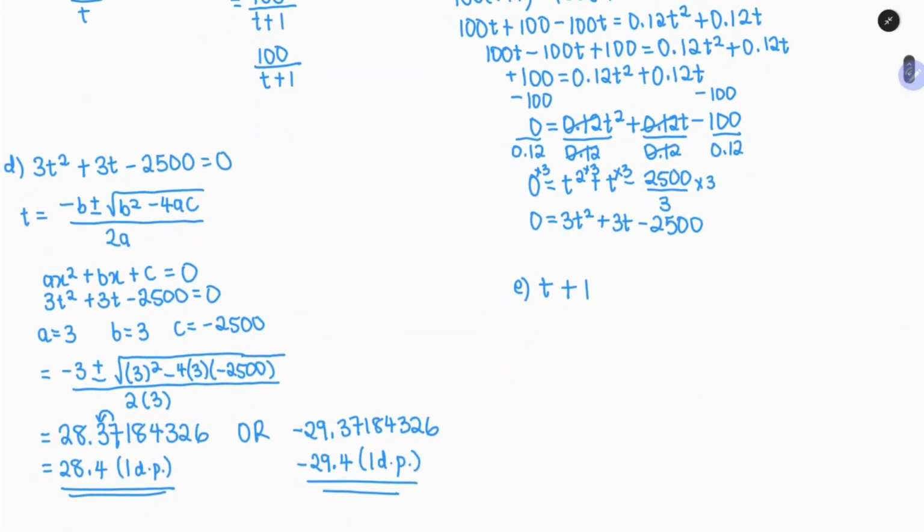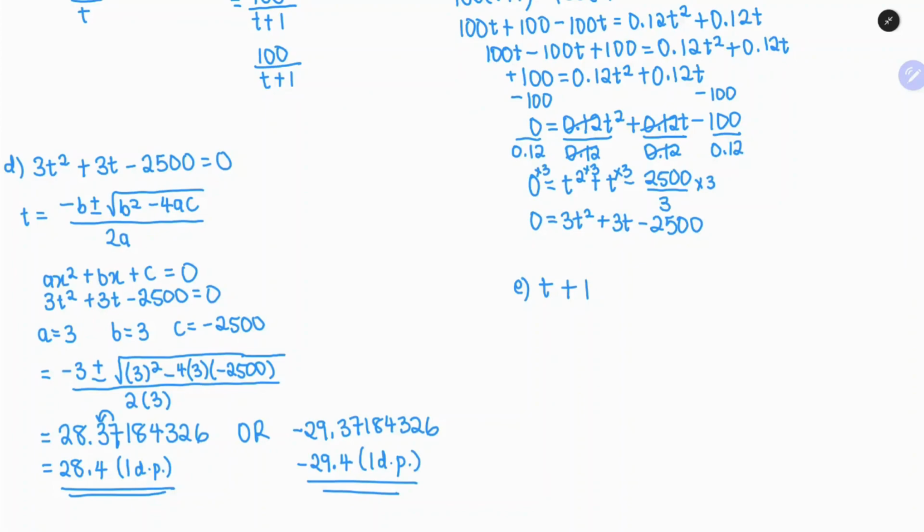So which one are you going to choose here? Obviously, we don't have anything like negative time. If I take negative 29.4 seconds, that's negative time. There's no such thing as someone taking negative 2 seconds to do anything.